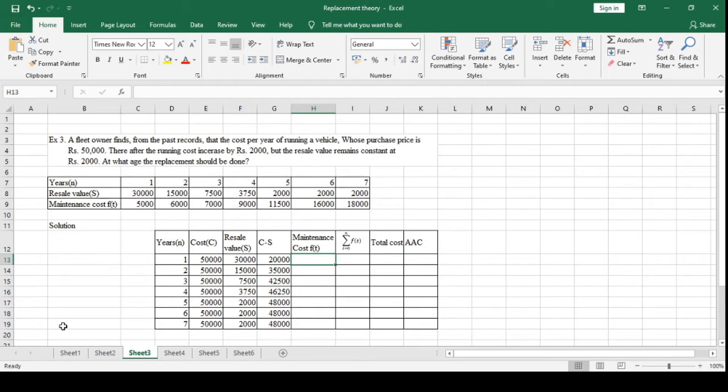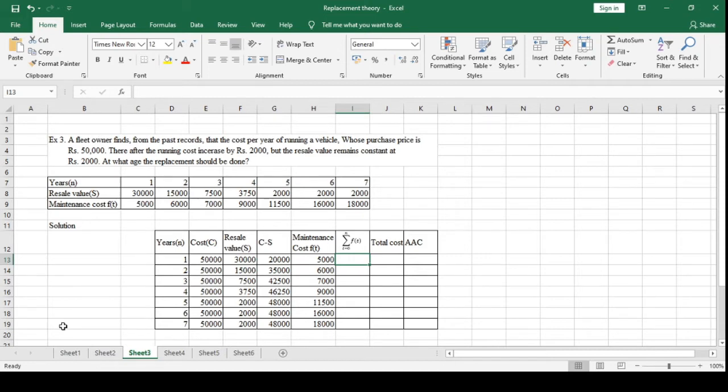For the first year it is 5,000, for the second year 6,000, for the third year 7,000, for the fourth year 9,000, fifth year 11,500, sixth year 16,000, sorry, and then 18,000.